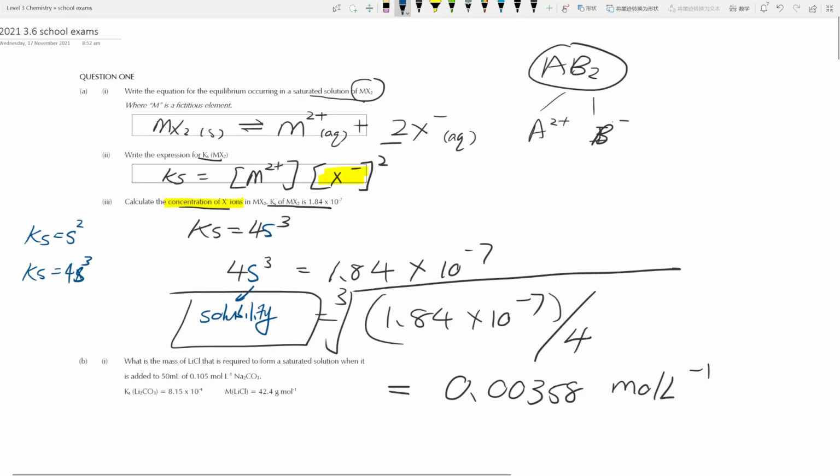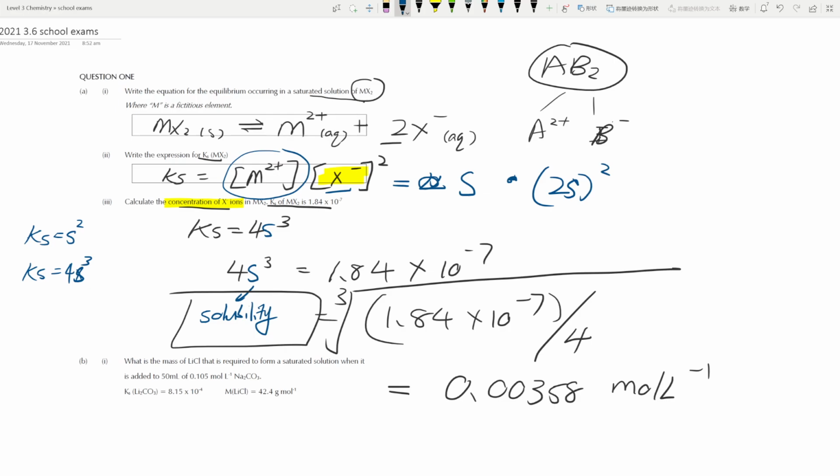So if we go back here, in this case, the M2+ is going to be s, and the X- is going to be 2s, so Ks is s multiplied by 2s to the power of 2.